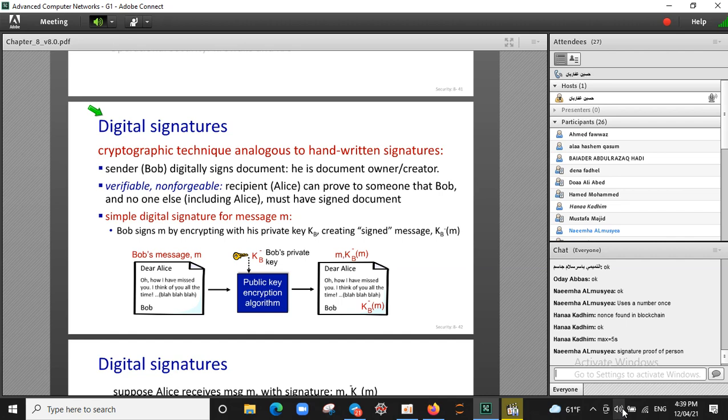If I have a letter, I can show the sign. Is it your sign, your signature? Yes or no? You sent me this letter, and this is your signature at the bottom of this letter. So you sent me this message. And the man or the woman on the other side cannot say, oh no, this is not my letter.